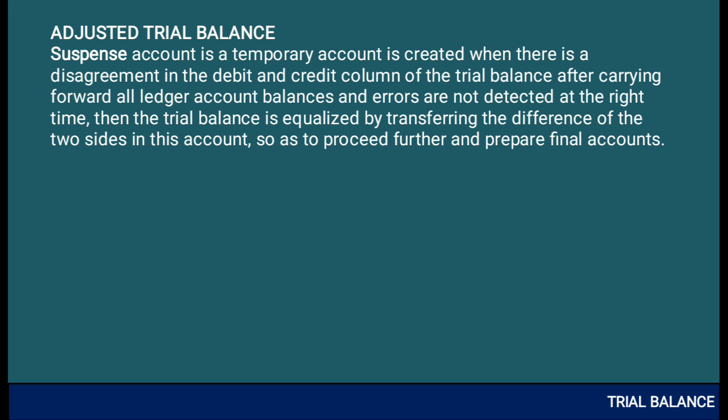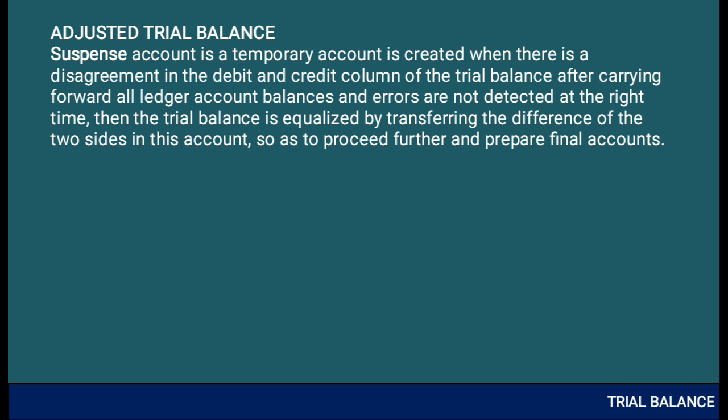So a very important question is there, and you have to remember it every time. What is an adjusted trial balance? Most probably when we prepare our trial balance, the sums of debit and credit do not match. Then we still have to complete our final statements.